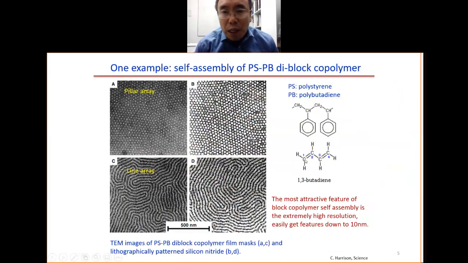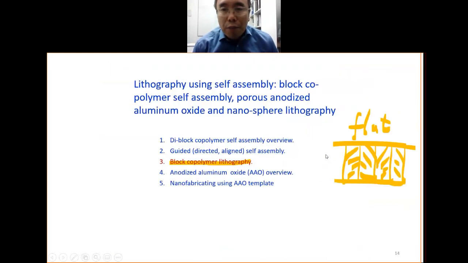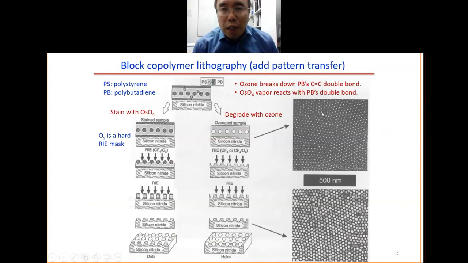This double bond is used to form the backbone polymerization. They have this double bond on the side chain, and this double bond will be broken by the ozone. Then it will be vaporized. You form this void, then you do the pattern transfer. You get the hole pattern.